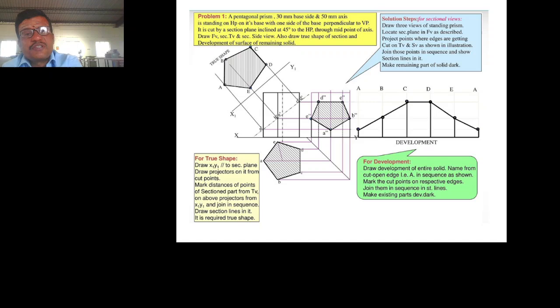For the true surface, we have to draw an XY axis parallel to the section plane. Name it as X1 and Y1.